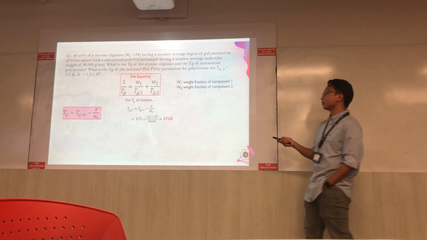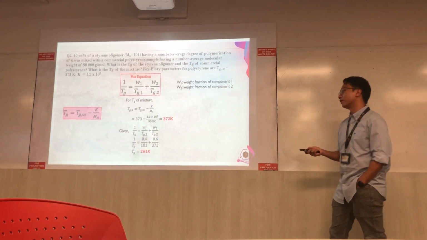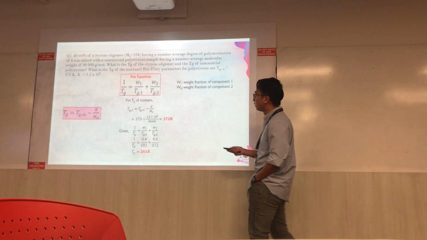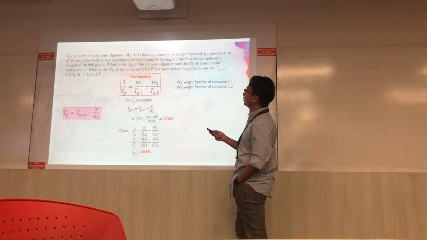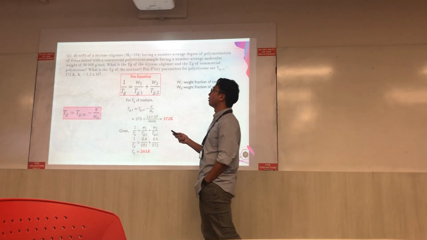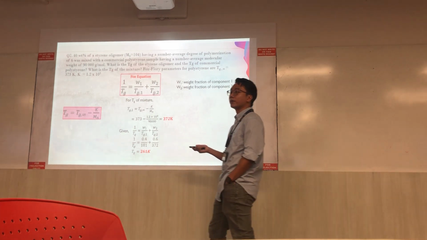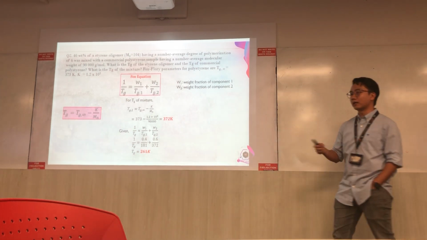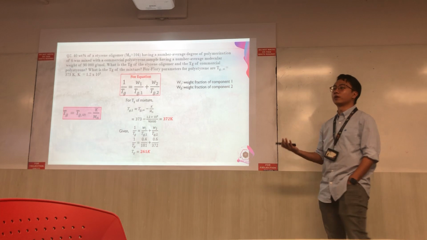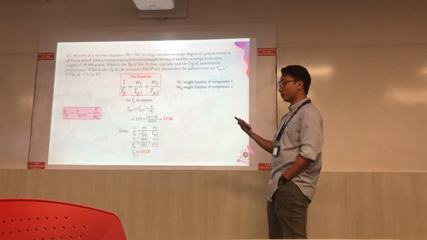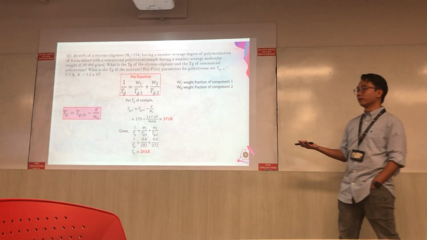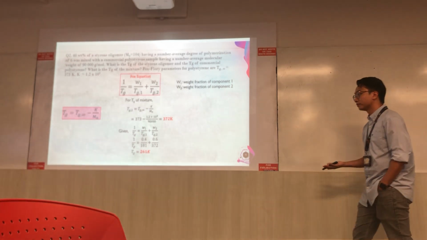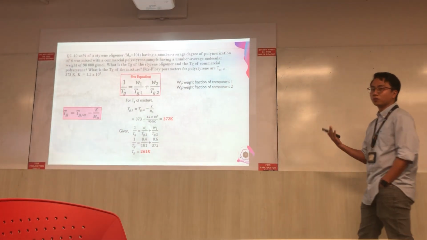Going by the Fox equation, first you have to find the weight fraction. If you look here, the styrene oligomer accounts for only 40% of the whole mixture. Meaning out of the whole mass or weight, 40% is the styrene oligomer, so the weight fraction will be 0.4. Weight fraction is always from 0 to 1.